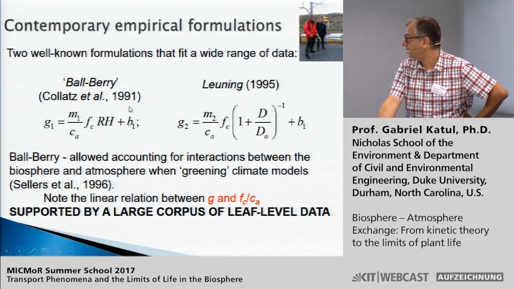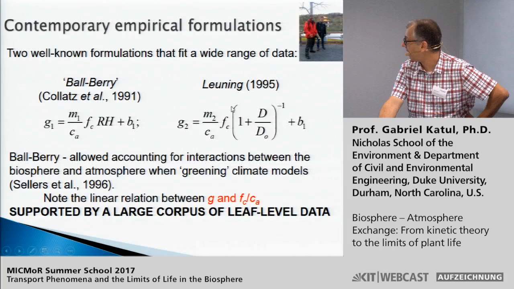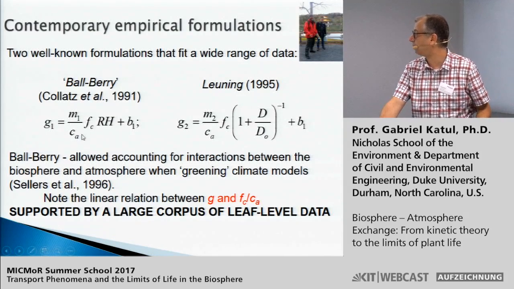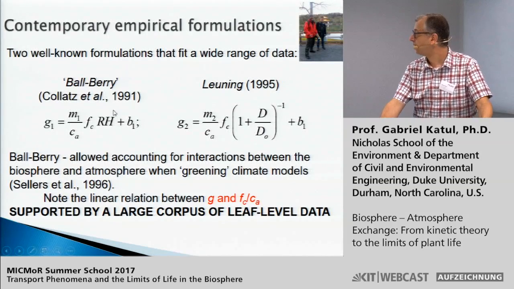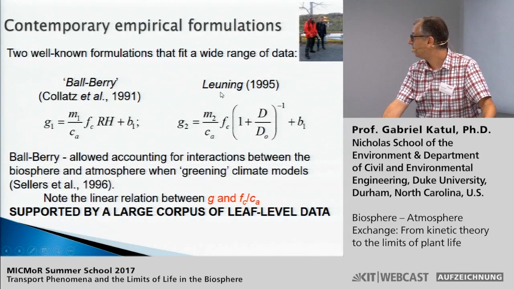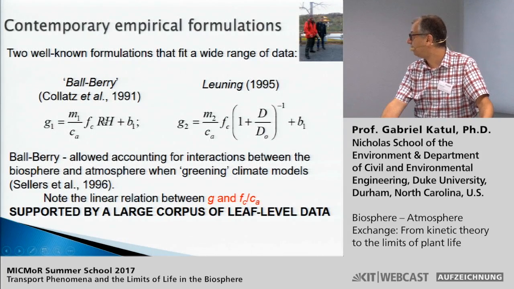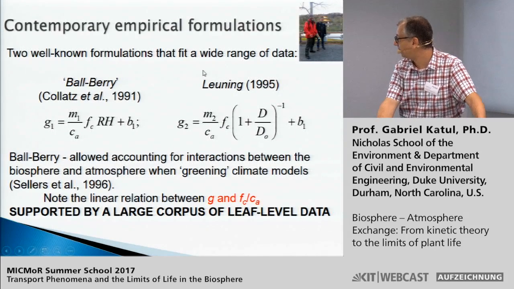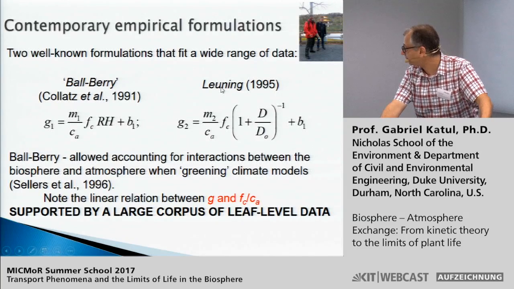In a very famous paper by Ball and Berry, later revised by Leuning, it was suggested that stomatal conductance must be proportional to the photosynthetic rate, inversely proportional to the atmospheric CO2 concentration, and somehow a measure of aridity, as Nadine Rohr mentioned yesterday, had to be taken into account. The original work of Ball-Berry, later popularized by Collatz, suggested relative humidity. Ray Leuning, realizing the weakness of relative humidity as a metric of atmospheric aridity, suggested vapor pressure deficit, and his paper actually has a good following, so to speak.